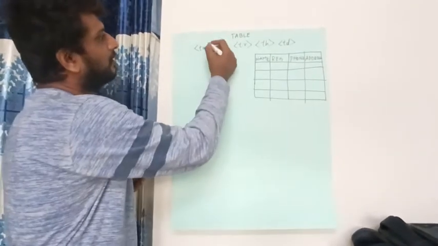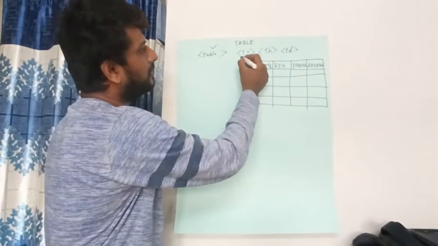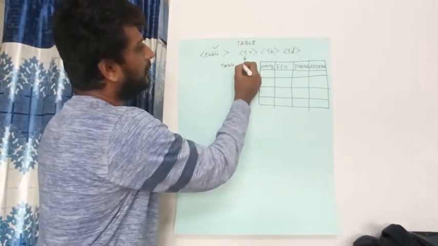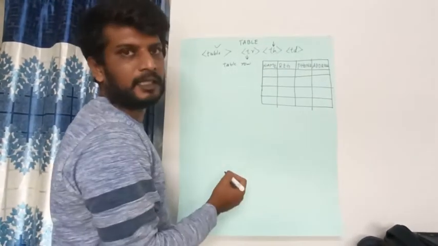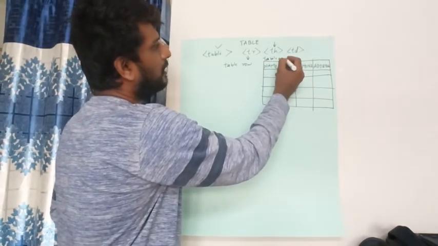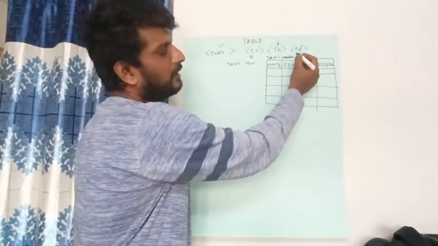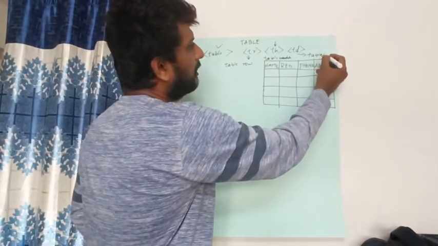The first one is the table tag, which is used to create the table. The second one is the TR tag, which stands for table row. The third one is called TH, which stands for table header or table heading. The last one is TD, which stands for table data.